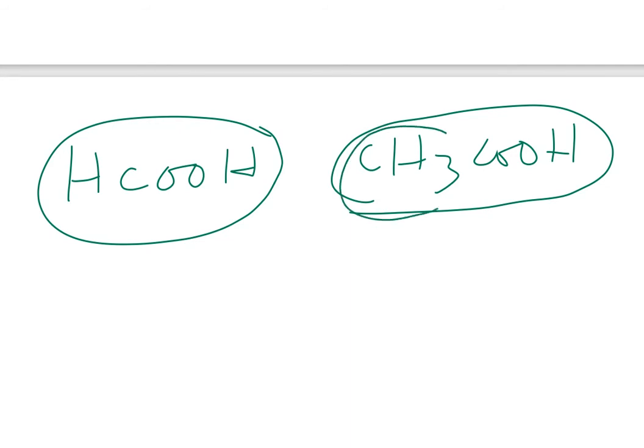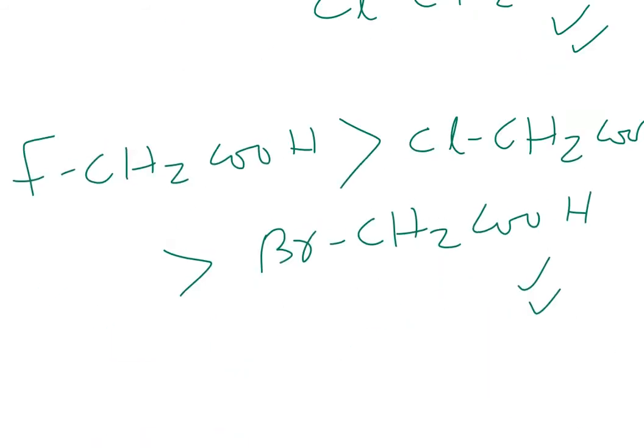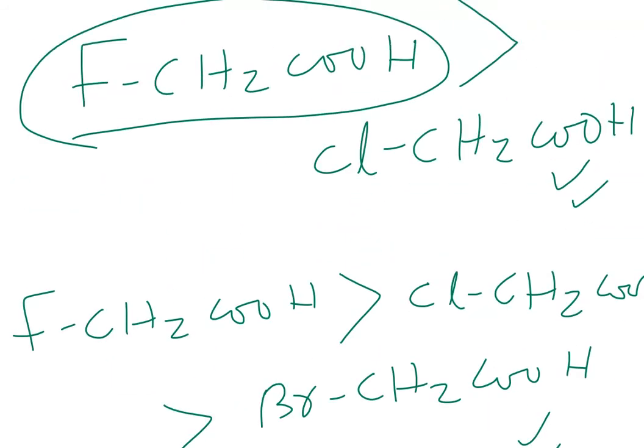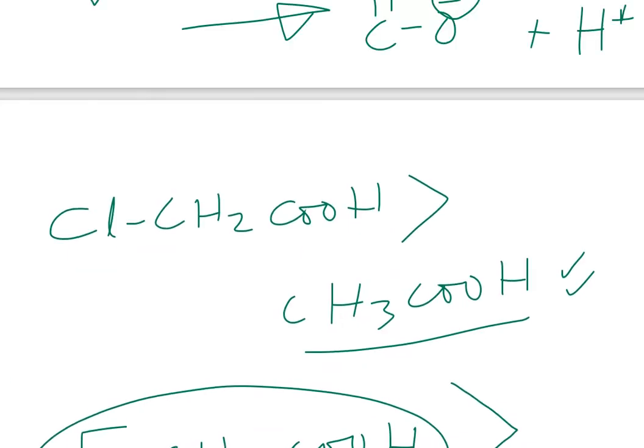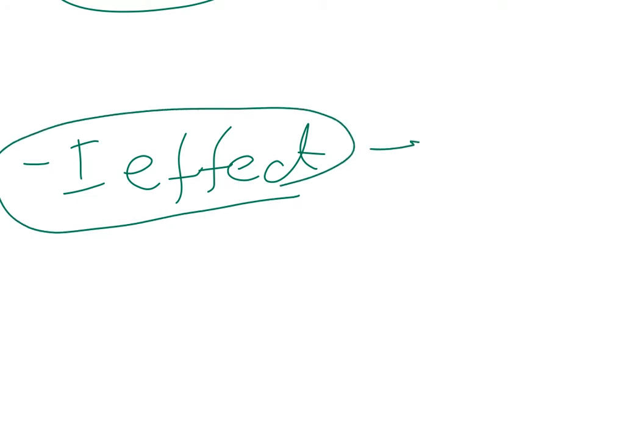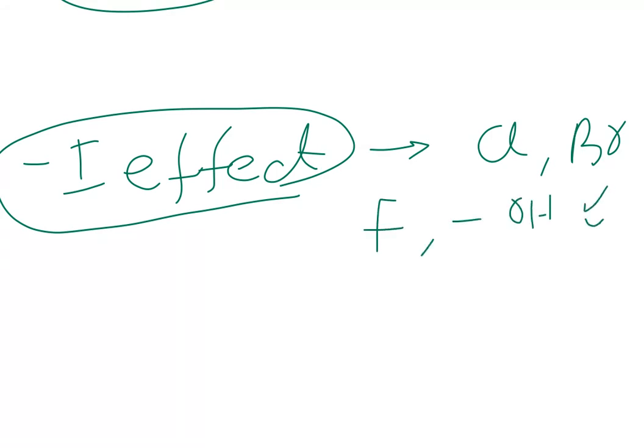In inductive effect we have plus I effect and we have minus I effect. This one has a minus I effect because it attracts the electron. All of Cl, Br, F, and oxygen groups like OH will have a minus I effect. It attracts the bonded electron, right?